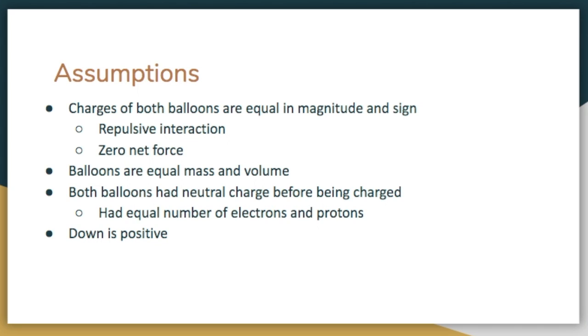We also assumed that the balloons were of equal mass and volume and that they both had a neutral charge before we charged the balloons with our team member's hair, which meant that they both had an equal amount of electrons and protons. We also assumed that the downward direction was positive to determine that the unit vector was positive 1 and not negative 1.